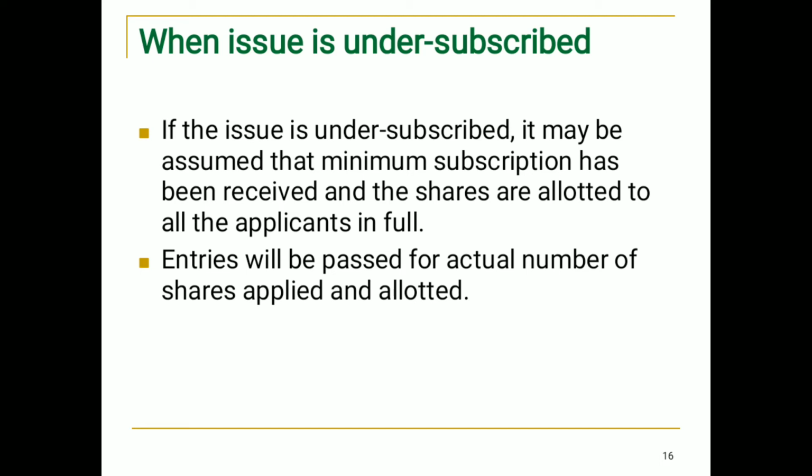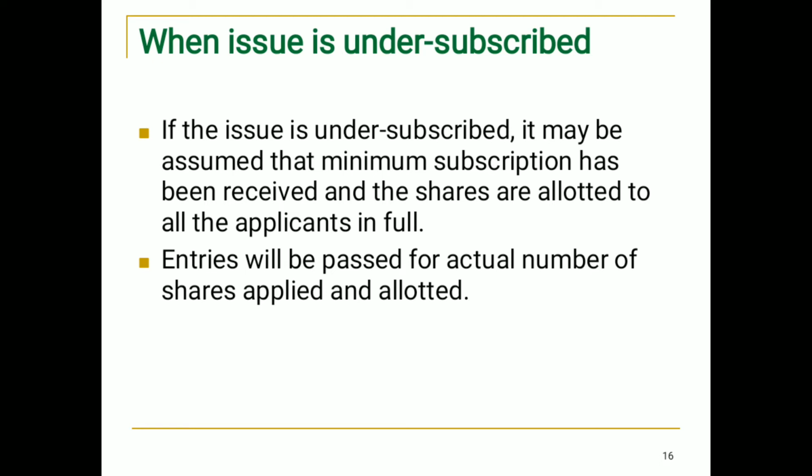If the issue is undersubscribed, it may be assumed that minimum subscription has been received and the shares are allotted to all the applicants in full. So the shares are given by the company to the people who have applied for them.